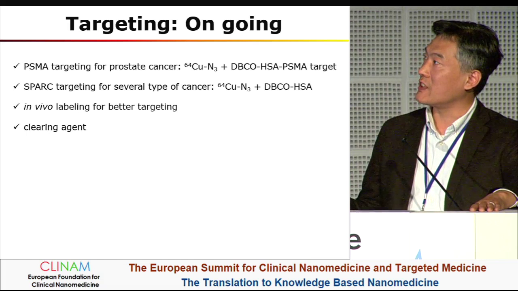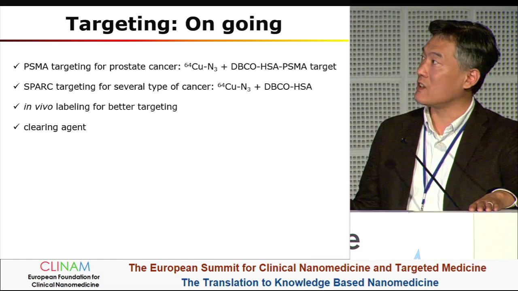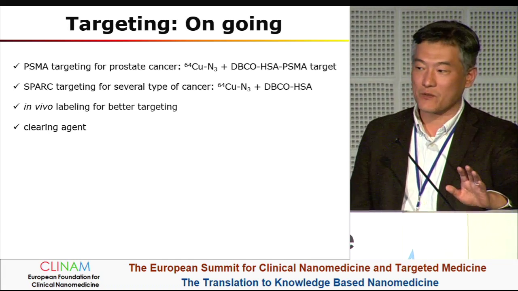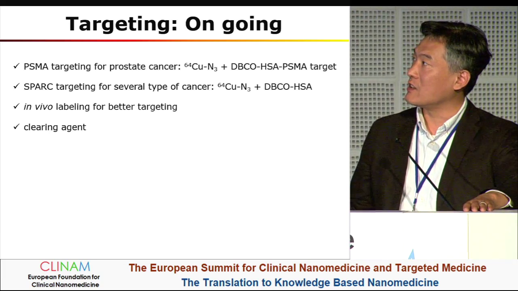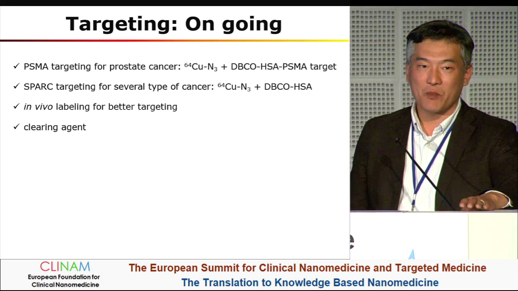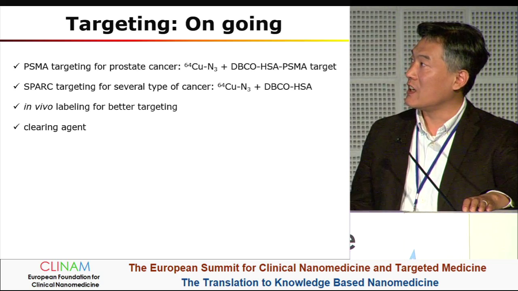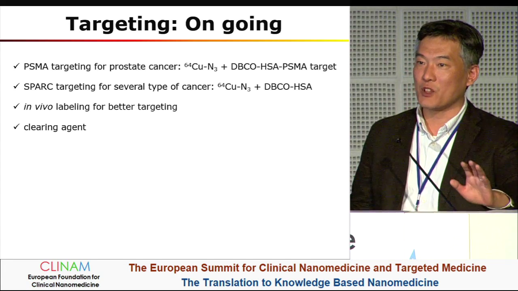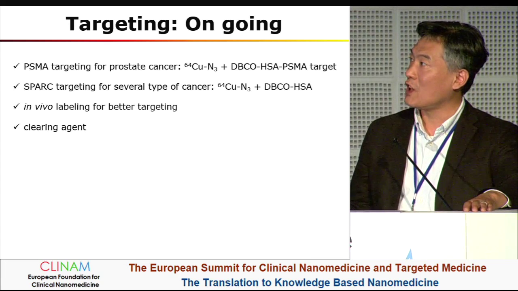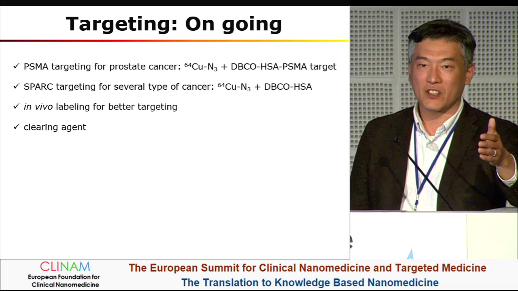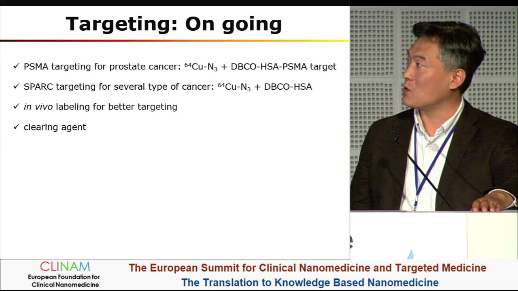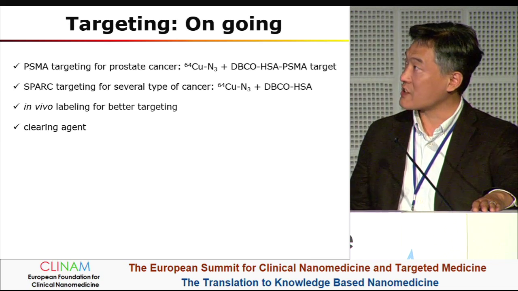The ongoing project is targeting prostate cancer with a PSMA targeting agent, and albumin itself is a target for several types of cancer. We also have to check the in vivo labeling capability; you can see the high blood pool image up to 10 hours. After the targeting, we can clear the albumin nanoparticles out of the body. So we will focus on these topics.